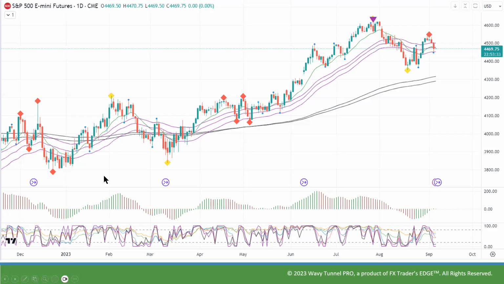We have a peak in the awesome oscillator up here, and we've made 1 move down. We can call that an A, we can call this a B, and then are we going to make a move down for a wave C? I don't know. Or are we going to take out this high and have 5 waves up?